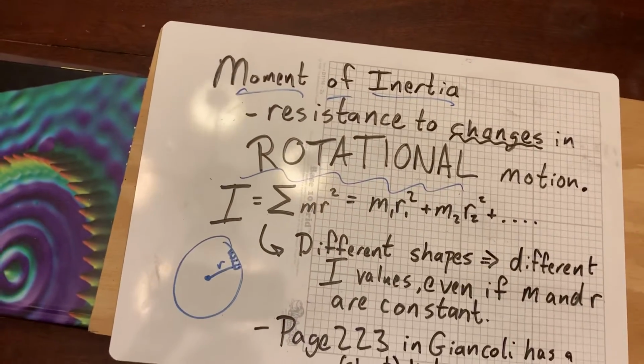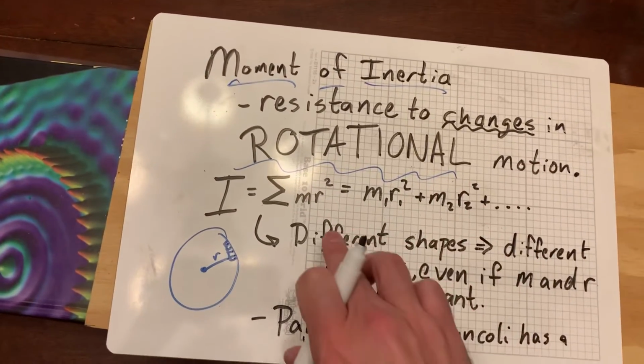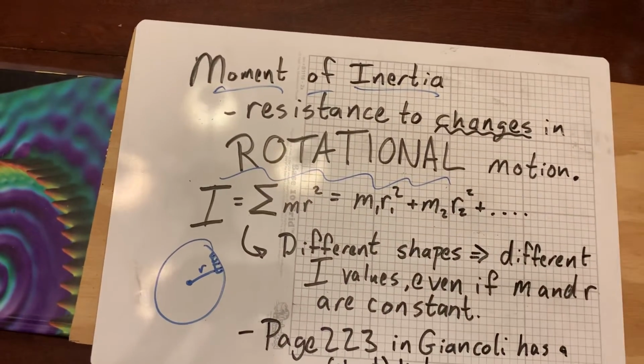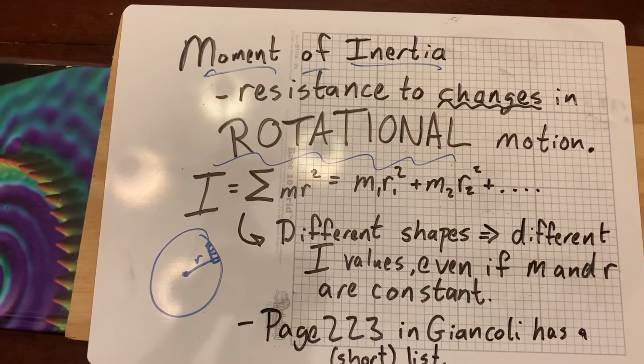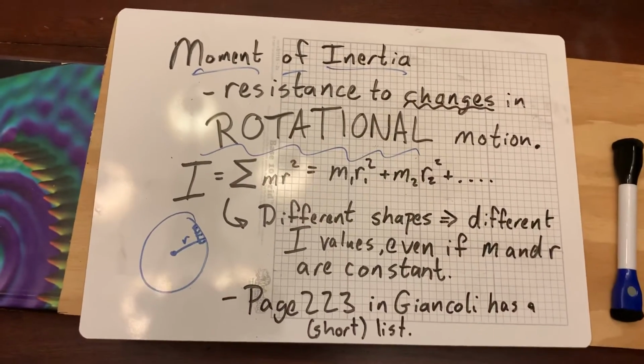That sounds like a job for calculus. We're not going to be calculating moments of inertia. It's not part of the AP curriculum per se, but we've got to know about moment of inertia.